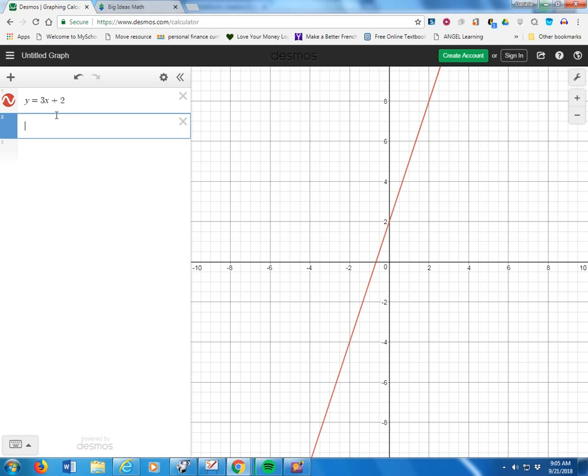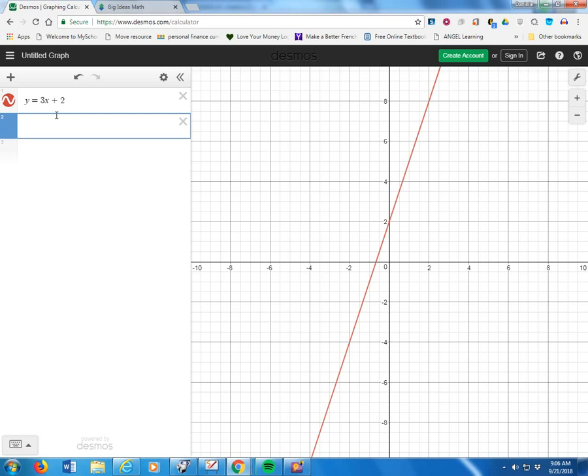Okay. And just to review, let's look at this line. The y-intercept is 2 because it goes through the y-axis at 2, which is why this last constant is 2. The slope is up 3 over 1. It goes up 3 and then over 1 from the y-intercept, right?